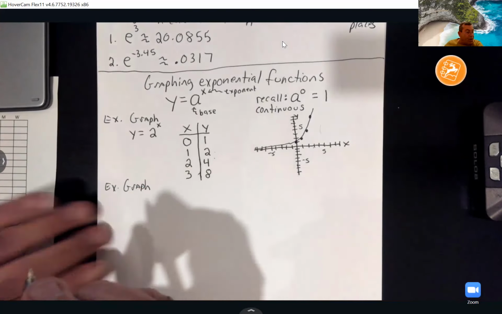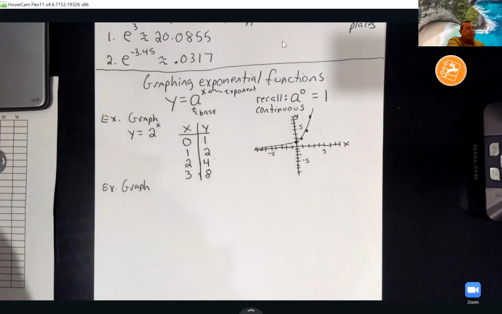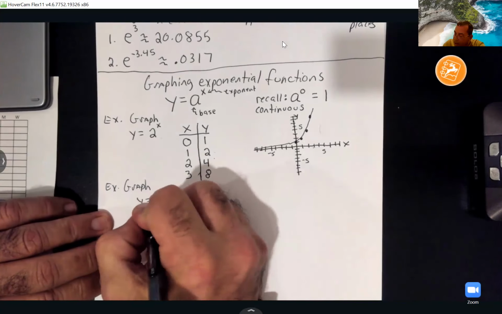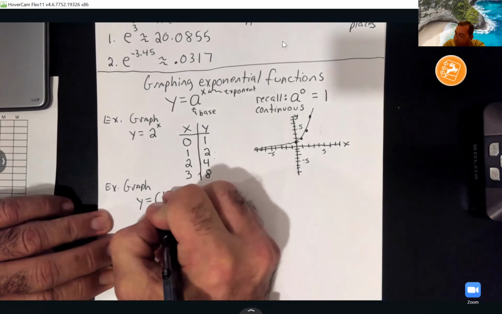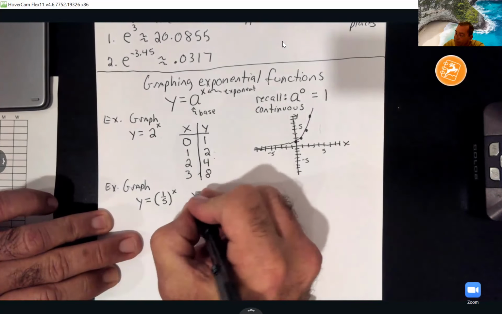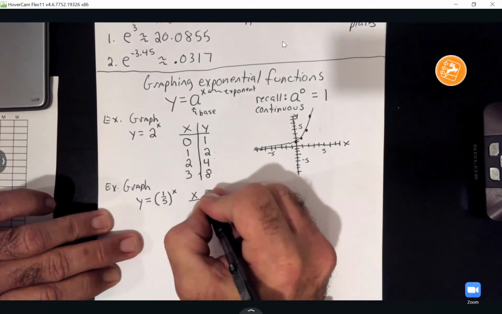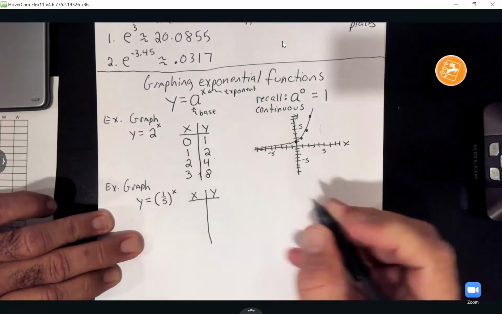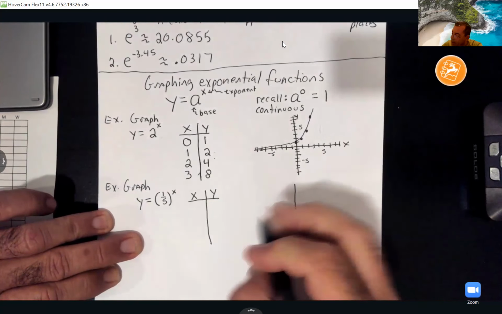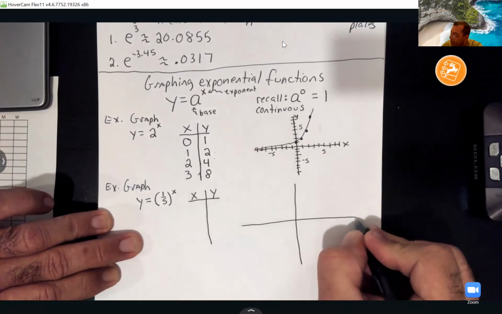Y'all, let's try a fraction. So I'm going to do y equals 1/5 to the x. All right, let me make another y table here, x and y graph.